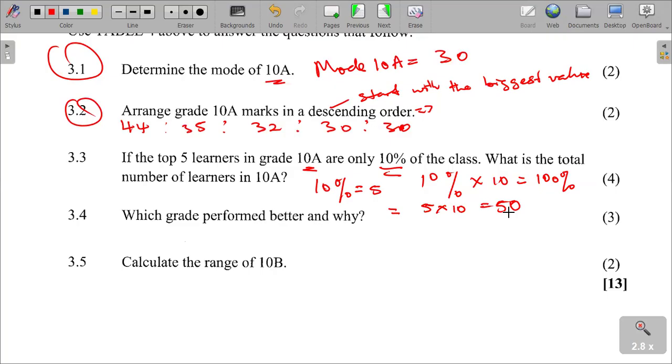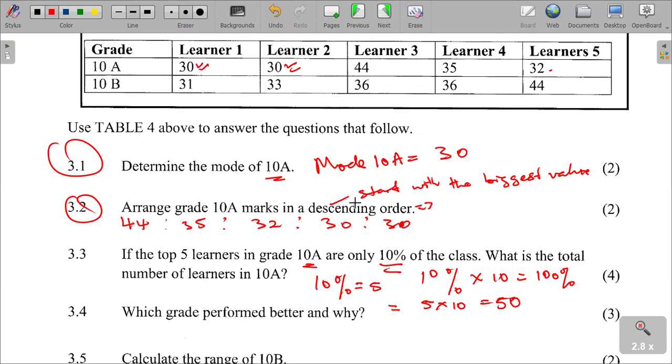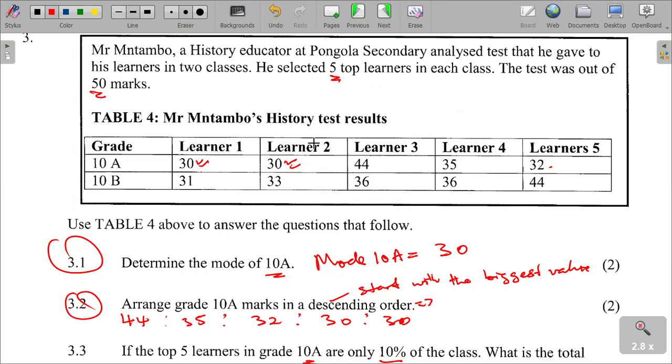The next question: which grade performed better and why? When we look into this, we compare grade 10A and 10B. These are the marks: 31, 33, 36, 36, 44.